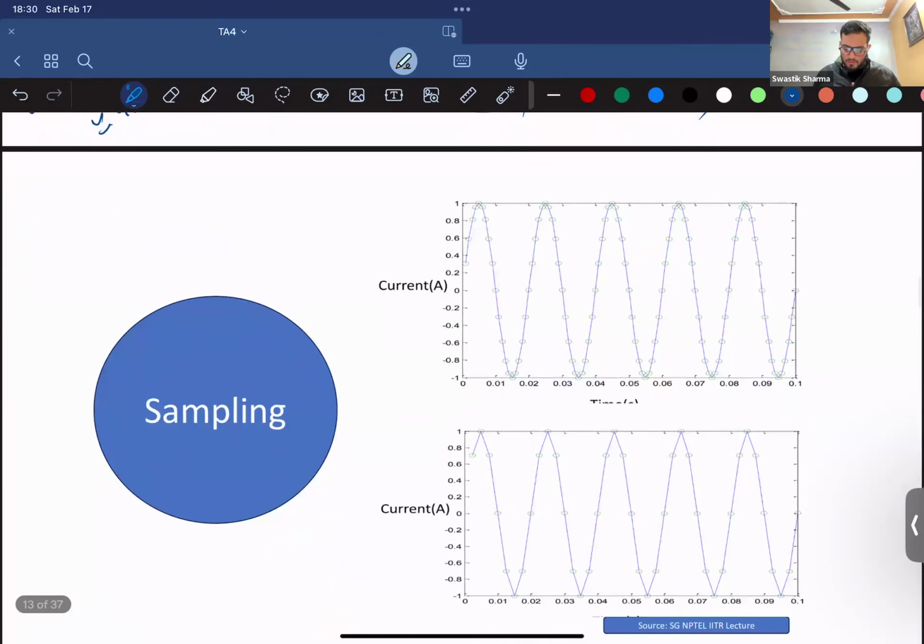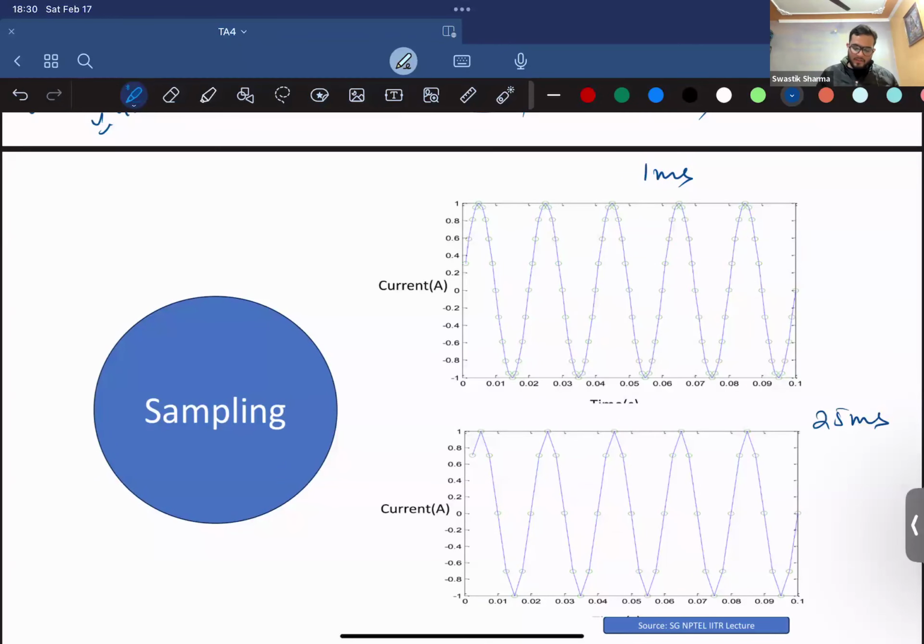In the first one you are sampling at a rate of, I guess, 1 millisecond, and in the other you are sampling at a rate of 2.5 milliseconds.